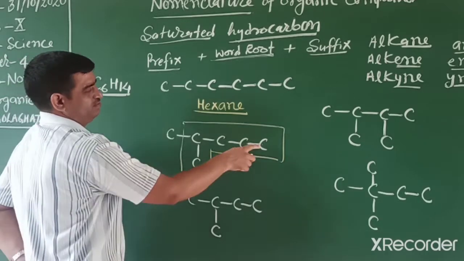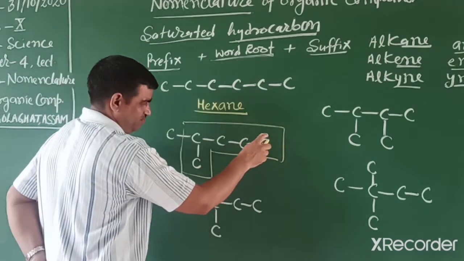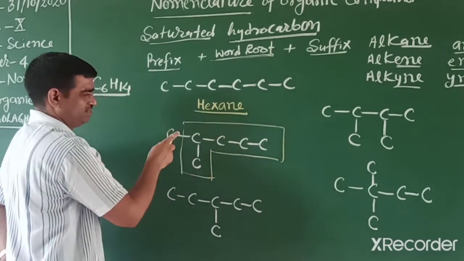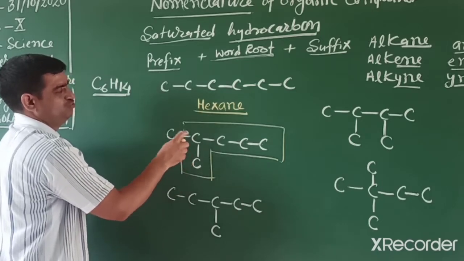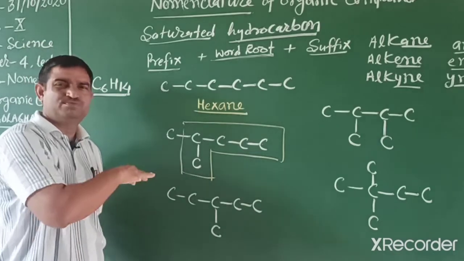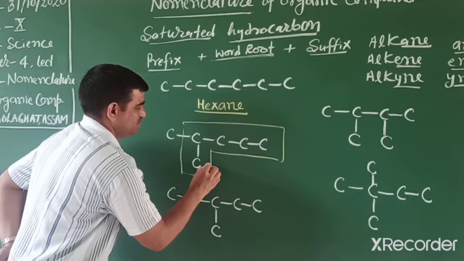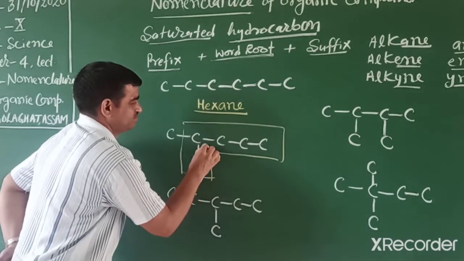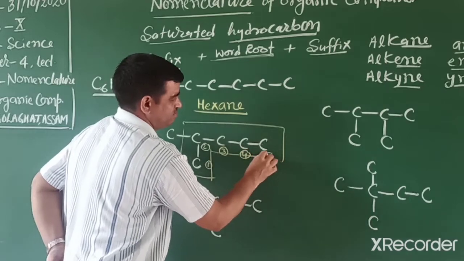If we start from this point, 1, 2, 3, 4, then the substituent carbon gets number 4. If we start this side, 1, 2, then the substituent gets number 2. So we have to start from the point where the substituent carbon gets the lowest number. So we start numbering 1, 2, 3, 4, 5.